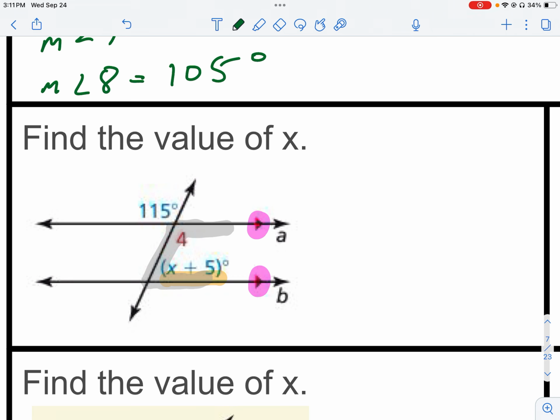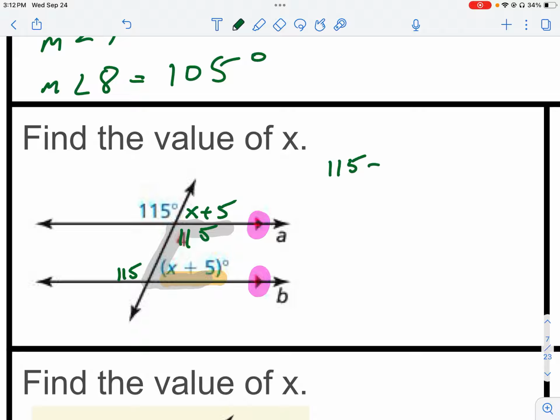We know that right here we have consecutive angles, so that is x plus 5. We have consecutive angles over here. We have alternate interior angles. So angle 4 is 115 degrees.